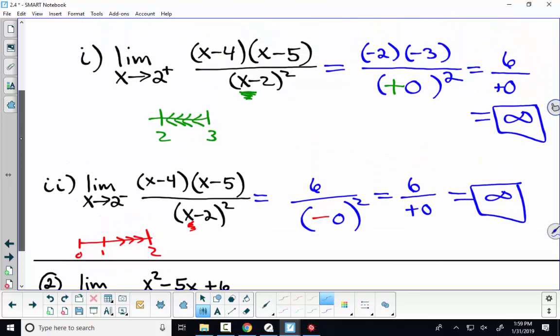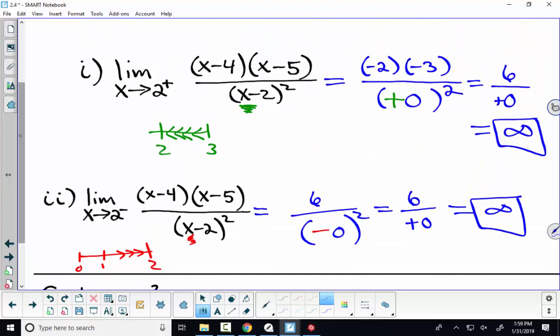Are there any questions on this? If one was approaching positive infinity and one was approaching negative infinity, would we still have a vertical asymptote at x equals 2? If both of them are approaching different infinities, we would still have a vertical asymptote. Let's say that one was approaching negative infinity, and the other, from the other direction, is approaching positive infinity.